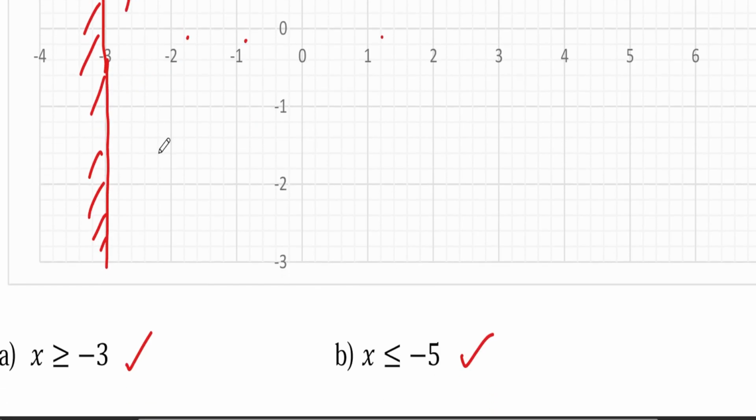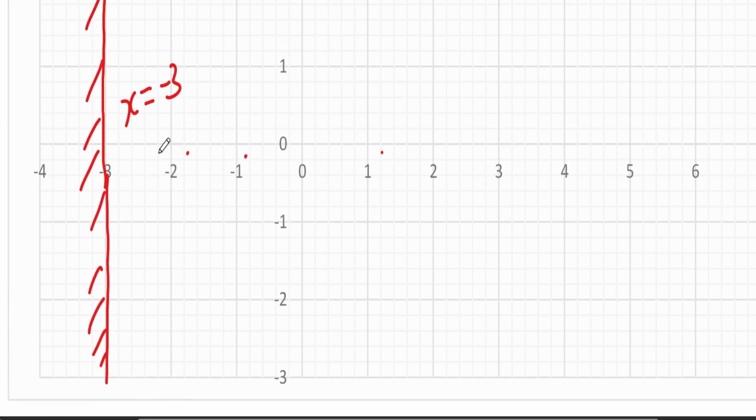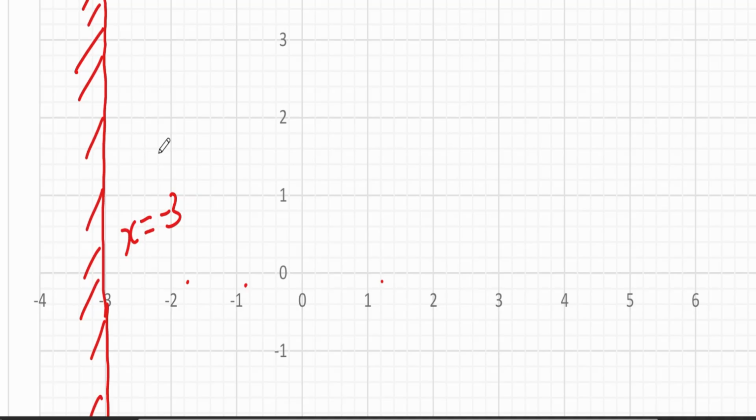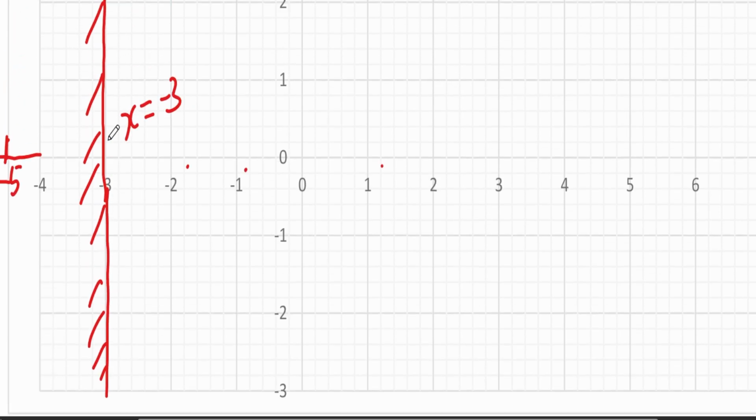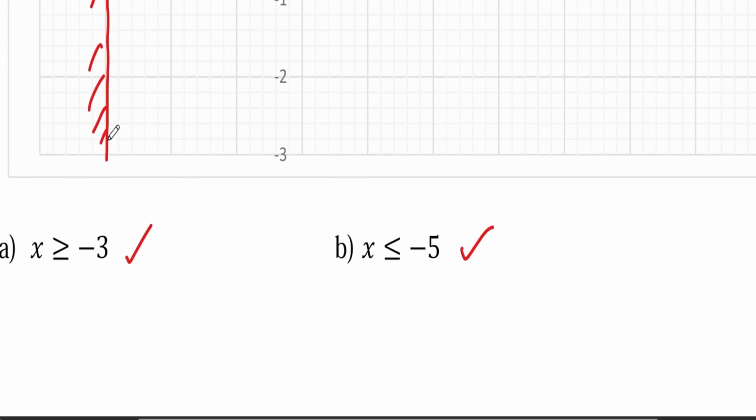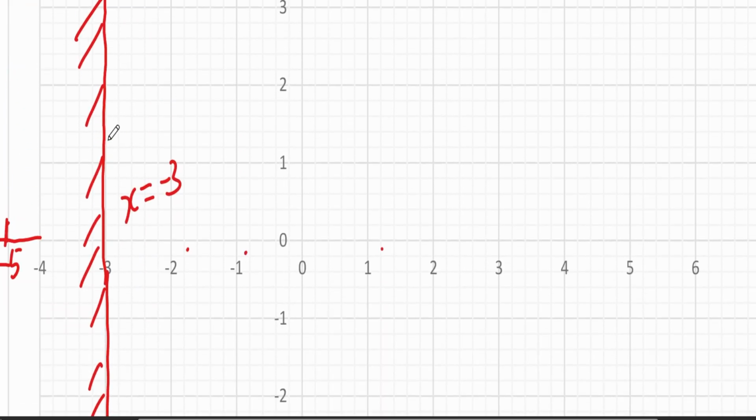Now, for the other question, x is less or equal to -5. Unfortunately, we don't have -5 here, but we'll assume there's -5 somewhere here. Let's assume this is -5 for now. You draw a line at -5, but you're told it should be less or equal to -5.